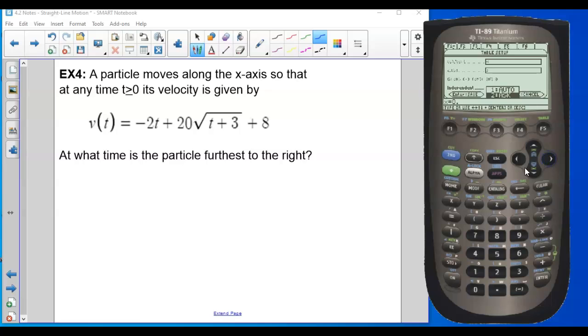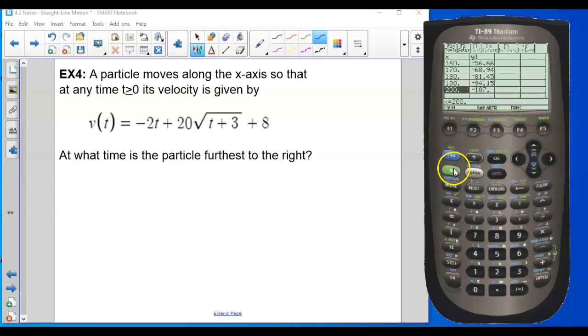And then instead of ask, go to auto, and instead of going up by 1, I'm going to go up by 10, just so you can see the numbers more quickly. On the 89, you have to hit enter for this. And so we're going to go to the table, and you can see your numbers are going up. They start to come back down, and then you can see they go negative here.